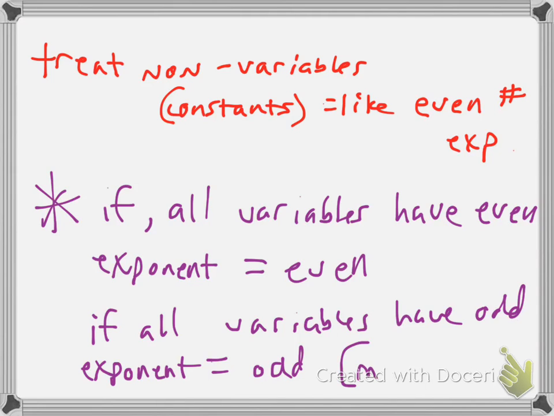If there's a mix, then it's neither. So I'll show you what I mean by that. Let's take a look at this example. f of x equals x to the 6th plus x to the 4th plus x squared. Well, all of these variables have even exponents, so this is going to be an even function.